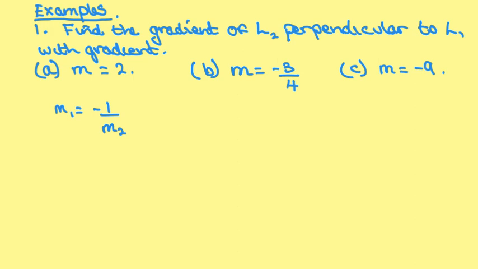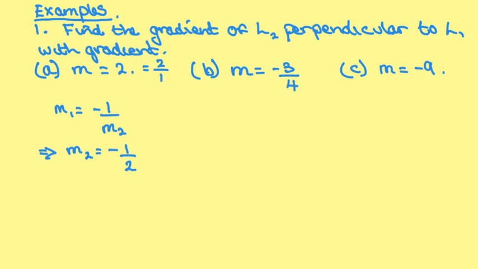Well, we could write 2 as 2 over 1. Therefore, m2 is equal to minus 1 over 2. The reciprocal, we just flip the fraction over.